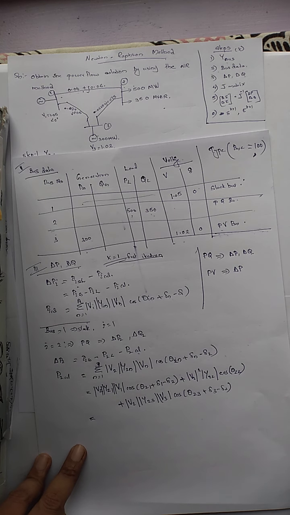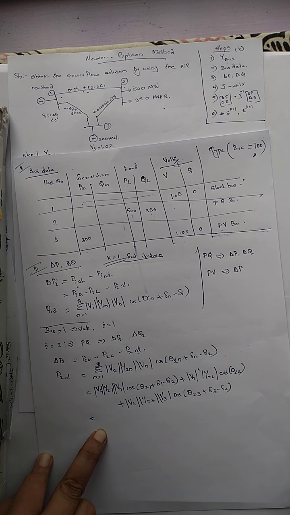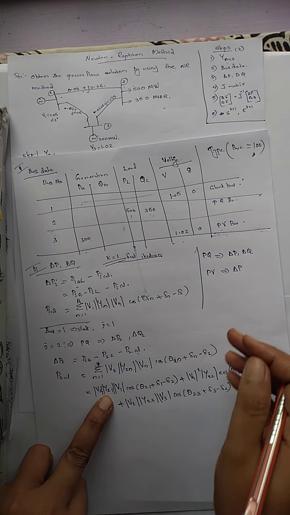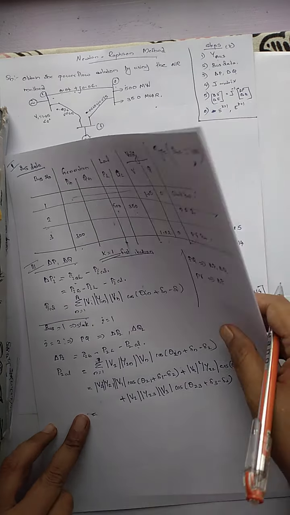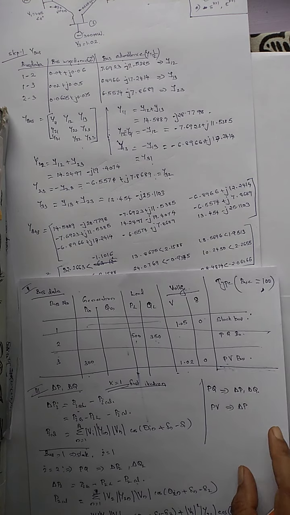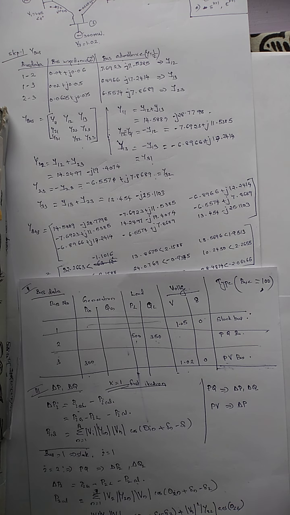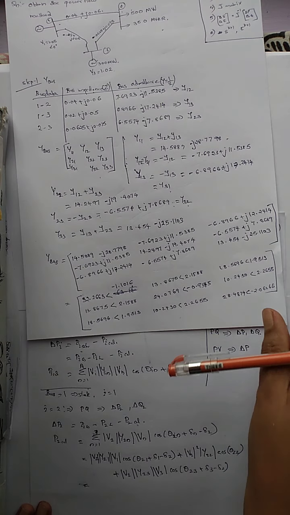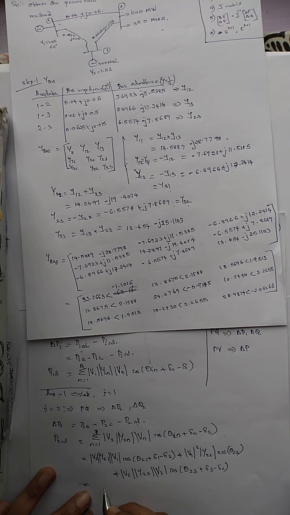So every calculation will be done in polar form. So V2 value we are assuming it as 1, and Y21 value, we require Y21 value. So our Y21 value I am writing it. That is equal to Y21 is 13.8675 into V1.